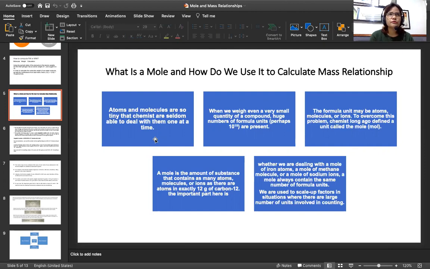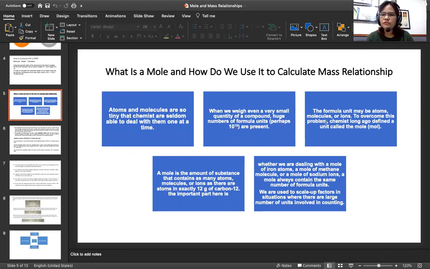I also informed you before that when you say molecules, this is most precisely applicable for binary compounds. They are so small in quantity, but they also have huge formula units. So mostly we use exponential notation or scientific notation in expressing large numbers, particularly on decimal places.